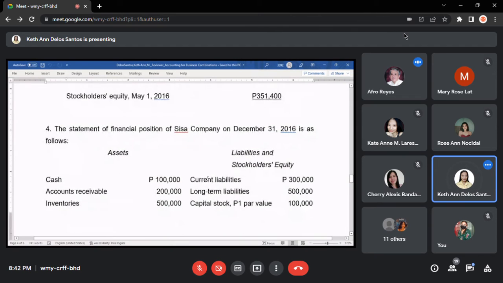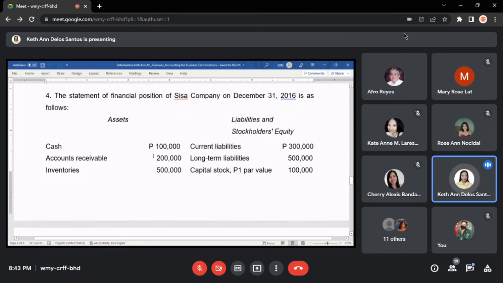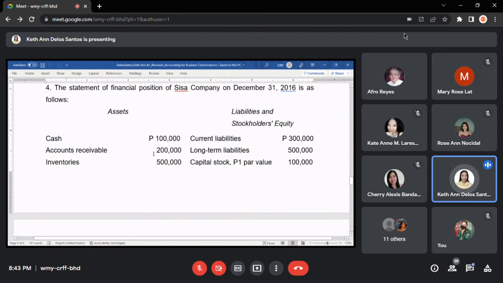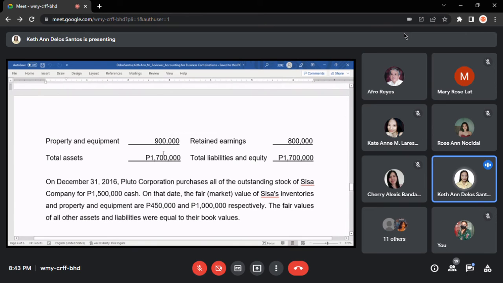Number 4, the statement of financial position of CISA Company on December 31, 2016 is as follows. Asset, cash, 100,000 pesos. Accounts receivable, 200,000 pesos. Inventories, 500,000. Property and equipment, 900,000 with a total assets of 1,700,000 pesos.